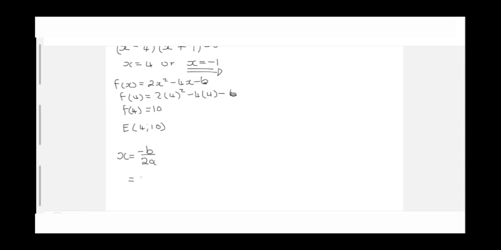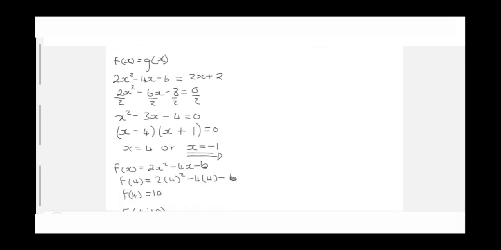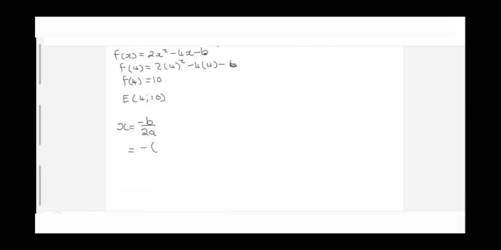Then we're going to substitute into our equation. We have -4, a is 2, and then we're going to have -4 over 2 into 2, 4, and then we're going to end up having 1.